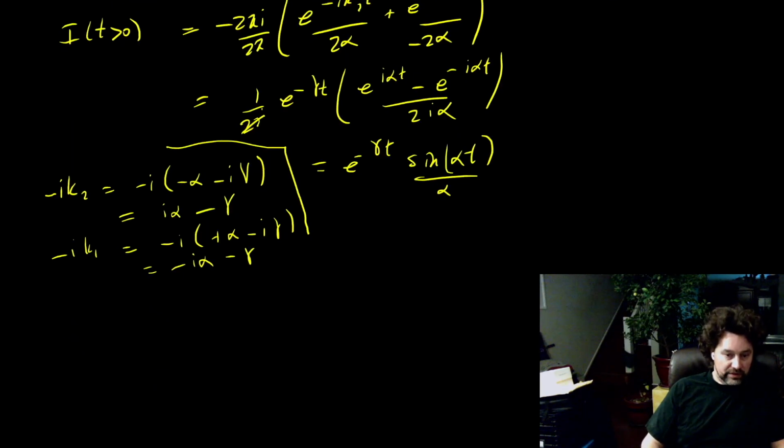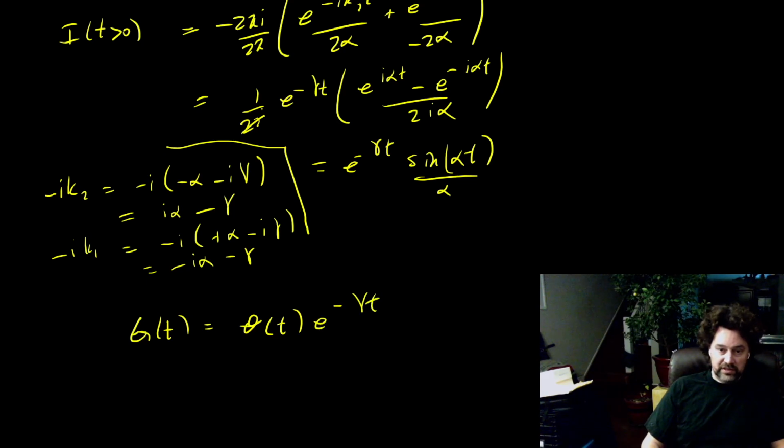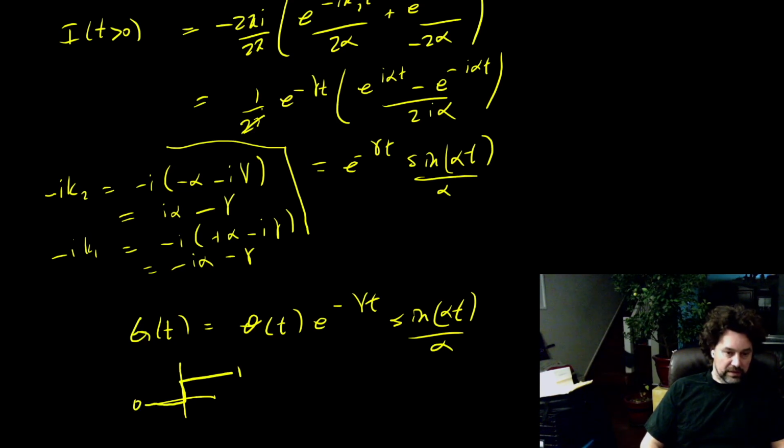And we can now write that our convolution kernel, g of t, is theta of t e to the minus gamma t sine alpha t over alpha. And theta of t is 0 everywhere for t less than 0 and 1 everywhere else.